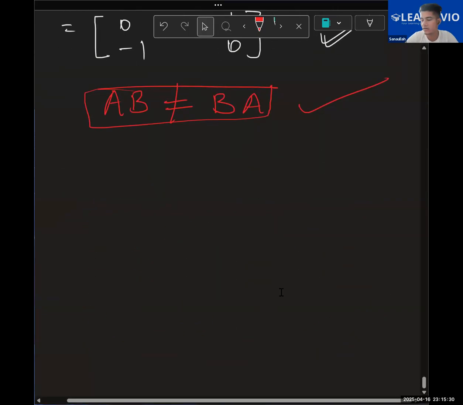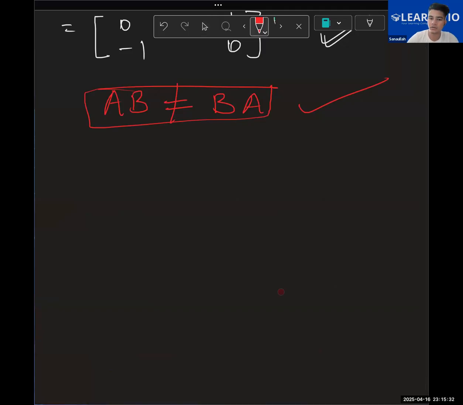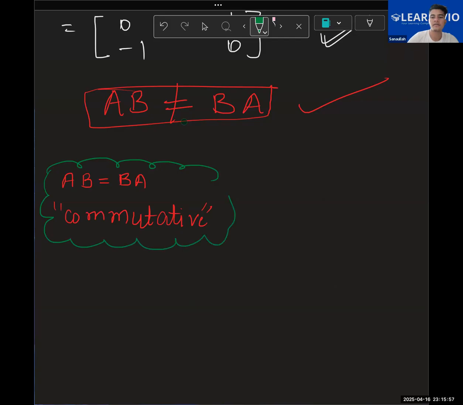So there is a statement. See, if AB is equal to BA, then what do we call it? Commutative. I told you, this is commutative. When we were doing the laws, I told you some laws, associative law, commutative law. This is commutative.